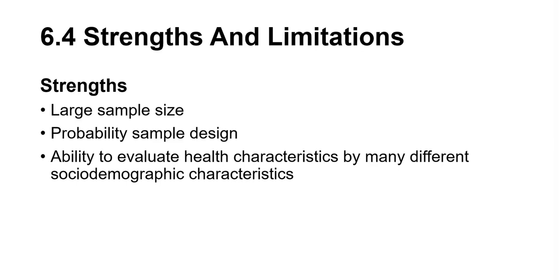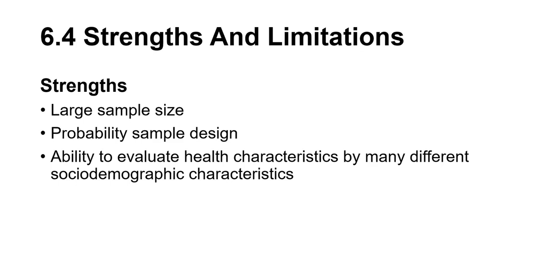Section 6.4, Strengths and Limitations. There are several different strengths and limitations to using the National Health Interview Survey for answering research questions. Some of the strengths are a large sample size, a probability sample design, the ability to evaluate health characteristics by many different socio-demographic characteristics.